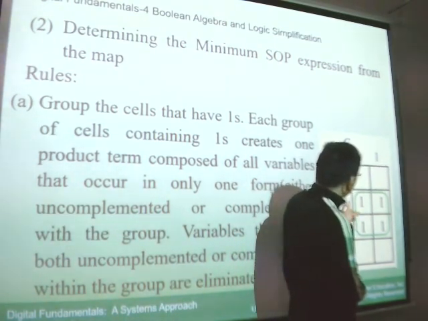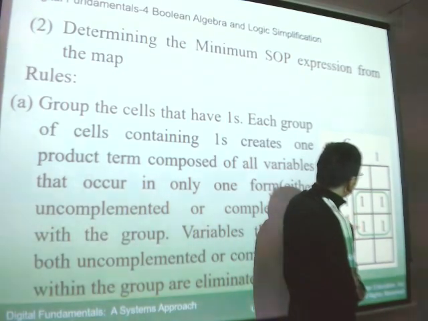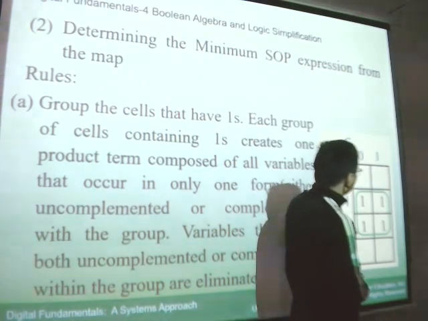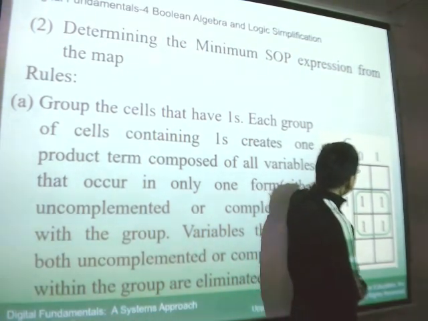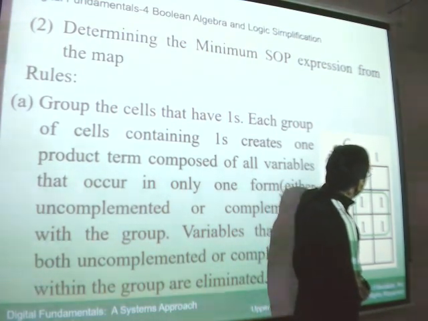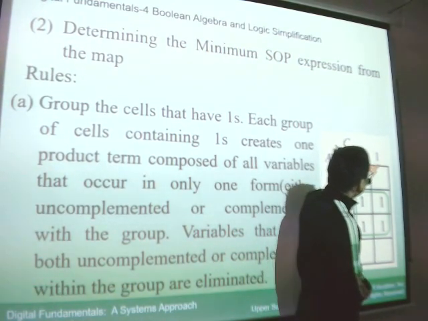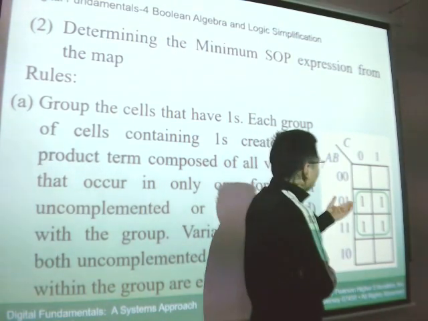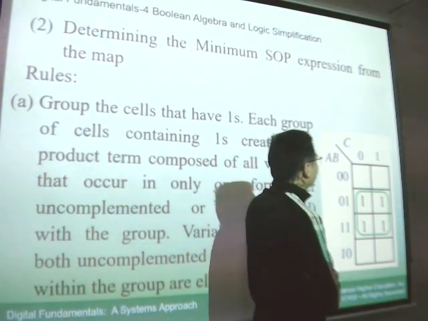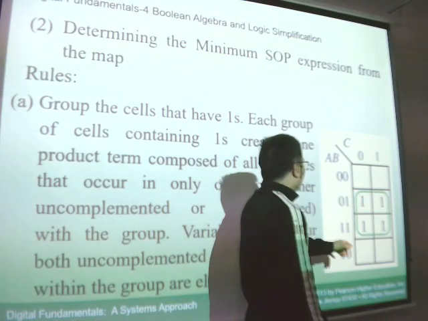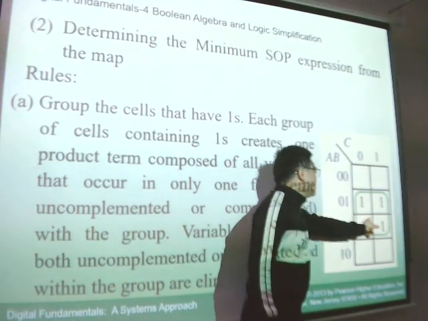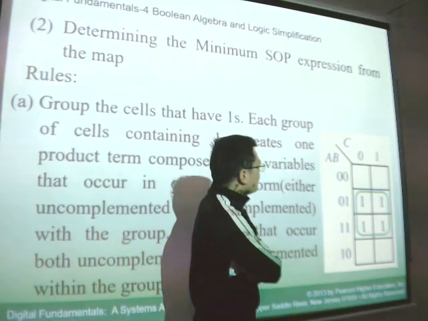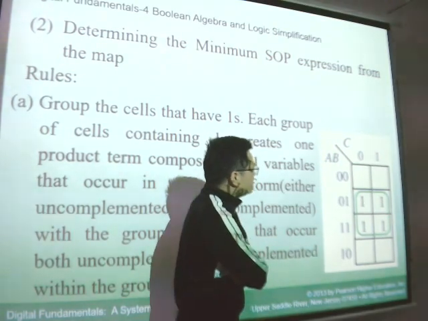B is always 1, so B must be retained. And C occurs with 0 and 1, so C must also be eliminated from the product term. So for this group, the corresponding product term is B.